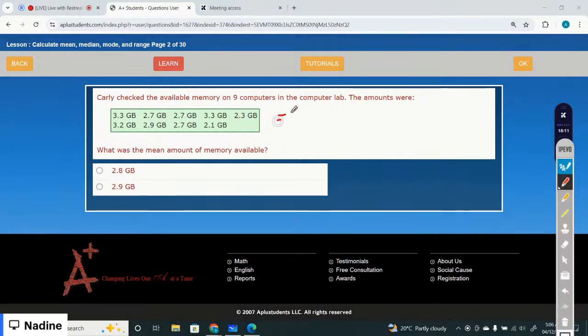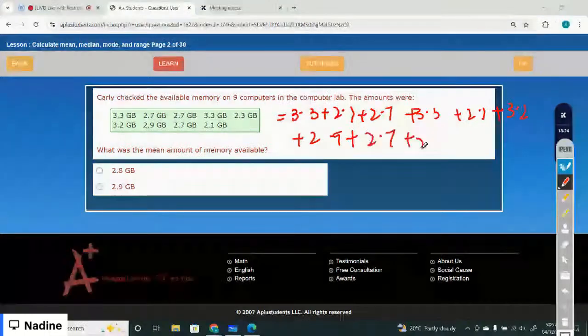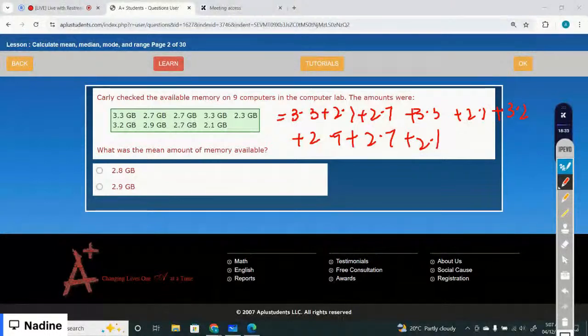You just add them all first. 3.3 plus 2.7 plus 2.7 plus 3.3 plus 2.3 plus 3.2 plus 2.9 plus 2.7 plus 2.1.